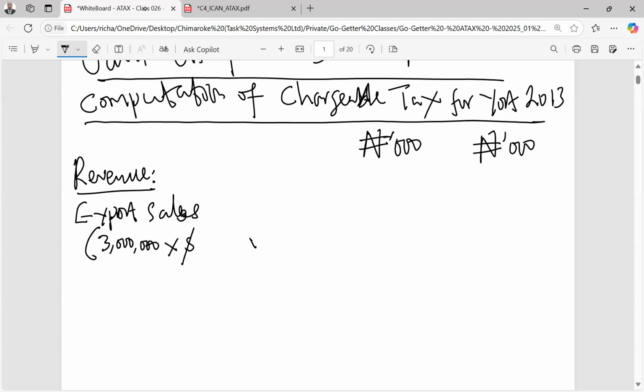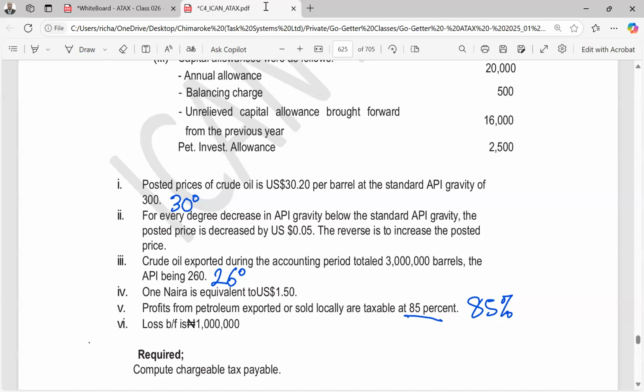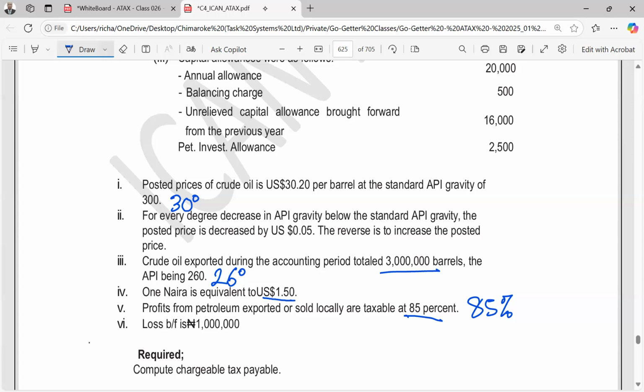Now, what is the exchange rate? Taking the 3 million barrels, our exchange rate is 1 naira is equivalent to $1.50.